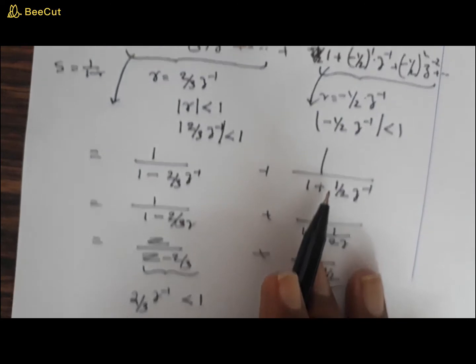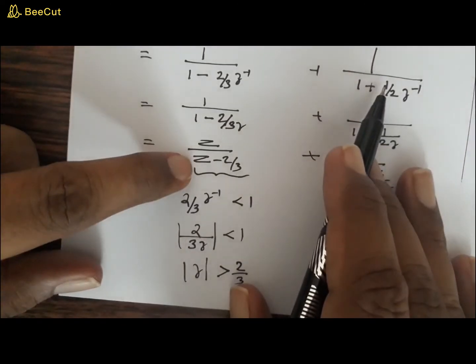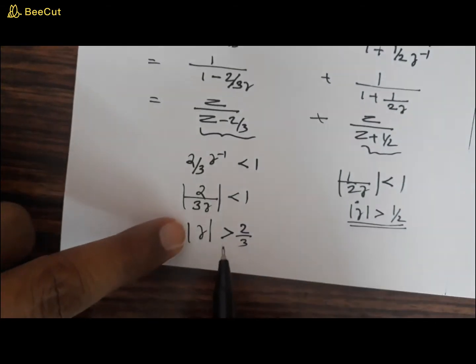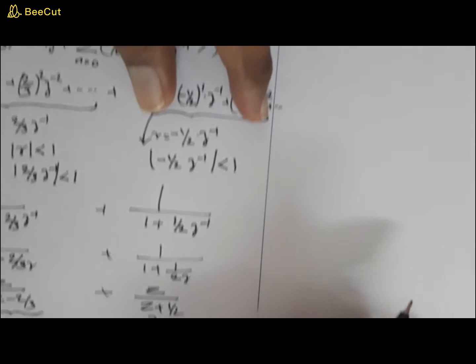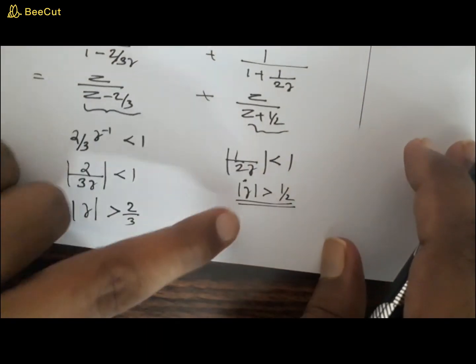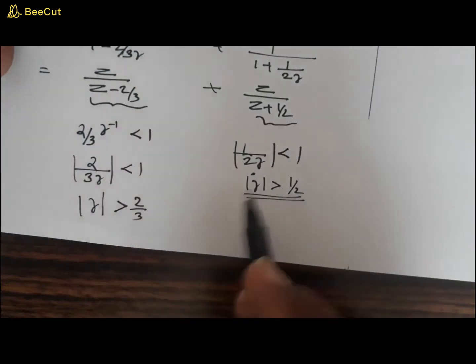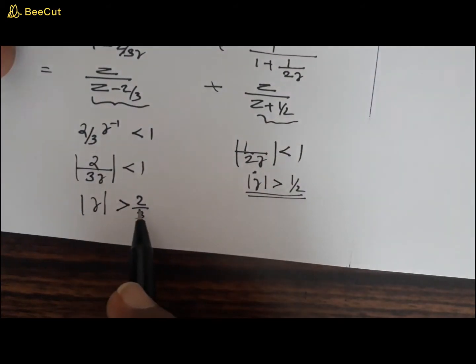This particular signal will have its z transform when mod z is greater than 2 by 3, right? While this particular signal will have its z transform only in the region mod z greater than half. So among these, which is greater is obviously 2 by 3.